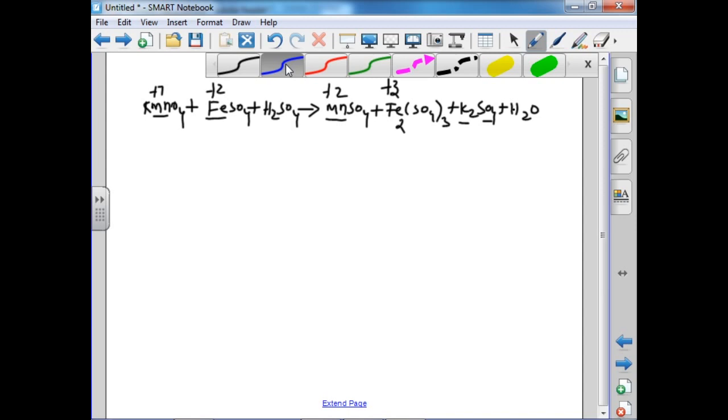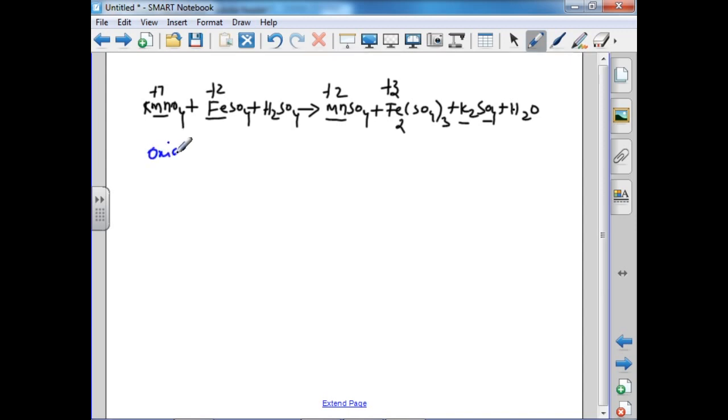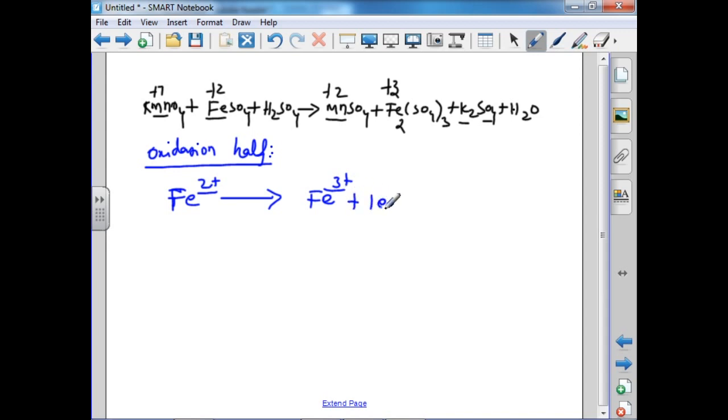The first one is the oxidation half: Fe2 plus gives Fe3 plus. What is the difference from Fe2 plus to Fe3 plus? Only 1 electron. So loss of 1 electron. This is equation number 1.